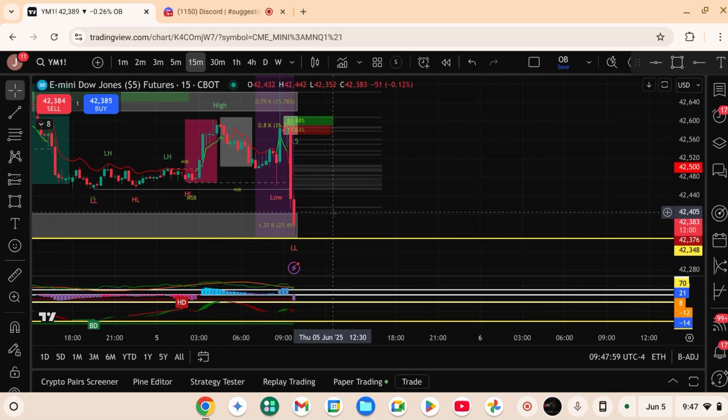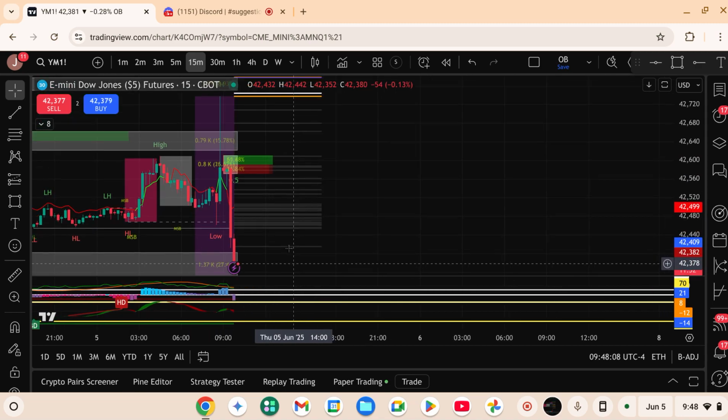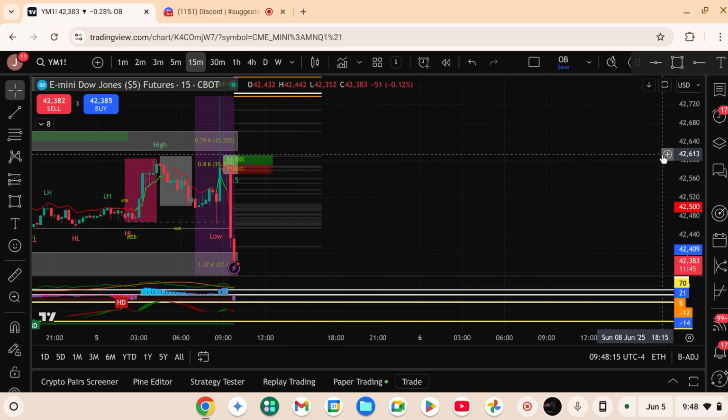And then if it were to hold and close outside of this order block, you could take longs and target this area here, 42,613.